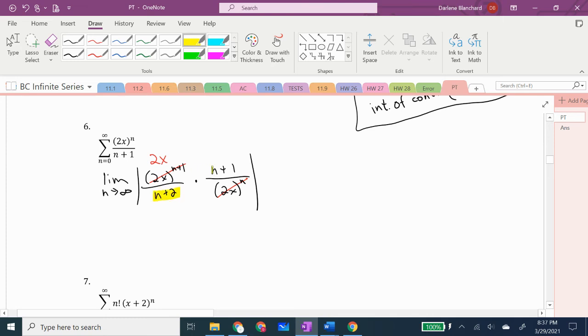The limit will cause the ratio of n plus 1 over n plus 2 to head to 1, and that means that the answer to the limit is, with absolute value bars around it, just that 2x. It will converge if it is less than 1, diverge if it's greater than 1, but equal to 1, the test is inconclusive, and thus I have to test my endpoints. With this inequality, if I divide both sides by 2, I can see that my radius of convergence is 1/2.